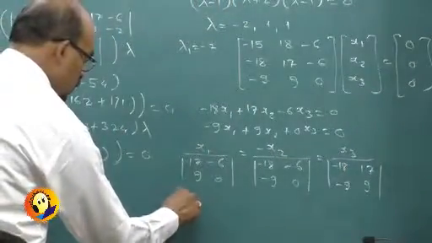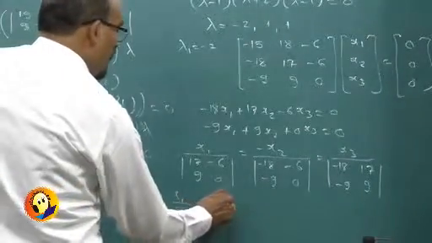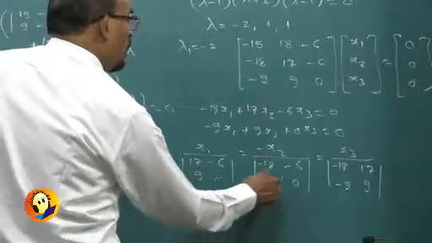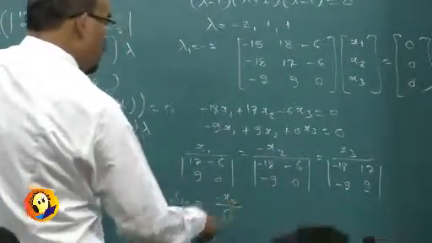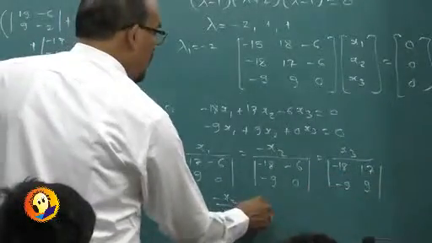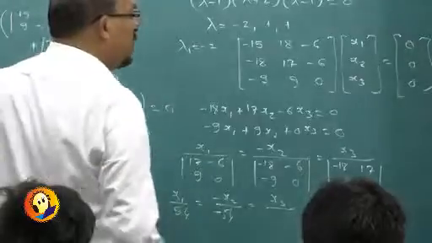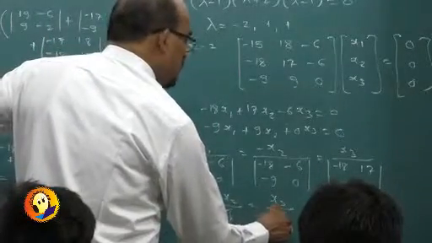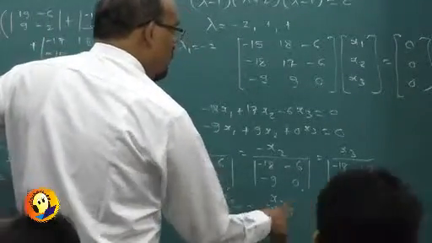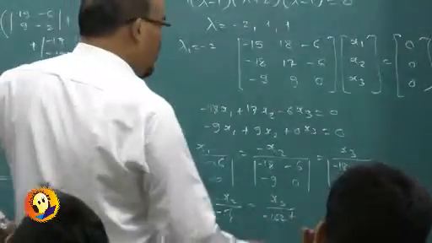So it is x1 upon 54 equal to minus x2 upon minus 54, and then x3 upon minus 18 into 9, so minus 162 plus 153.